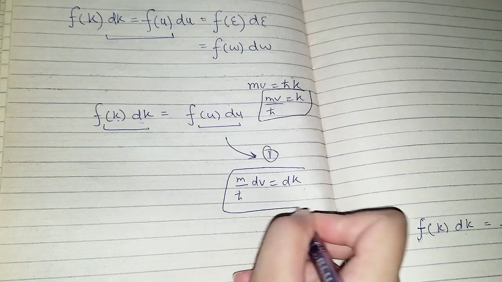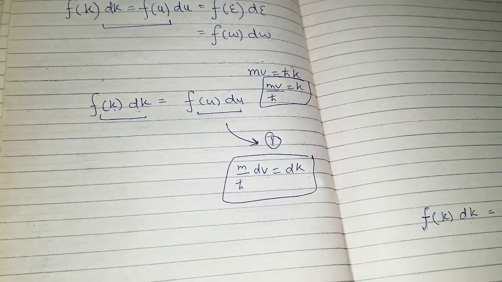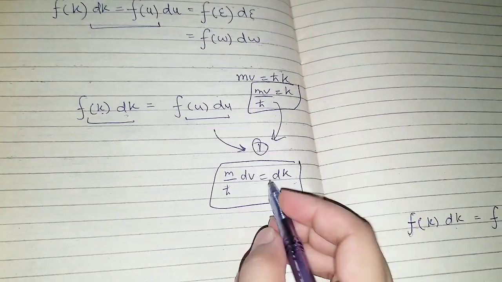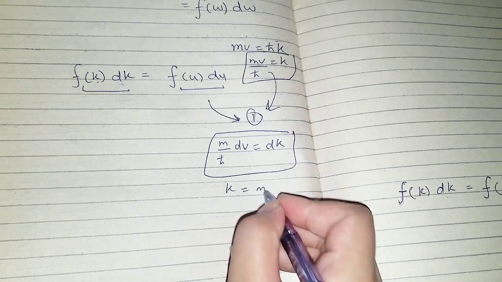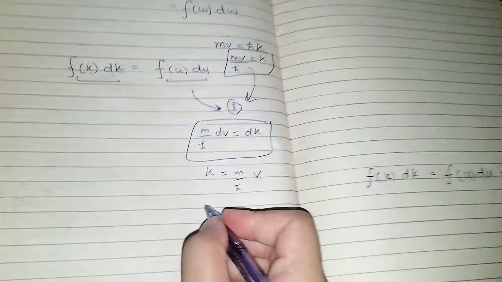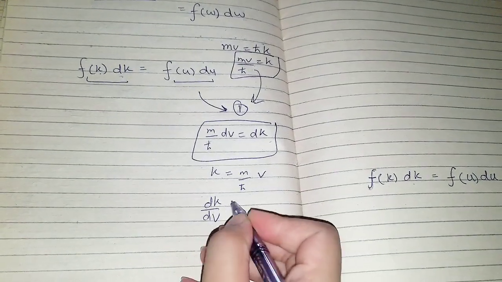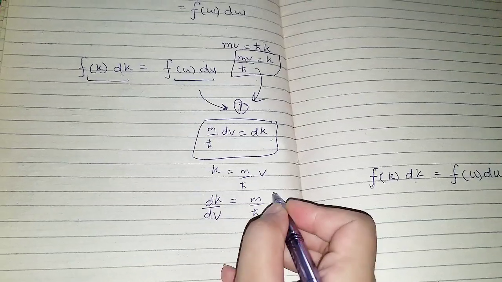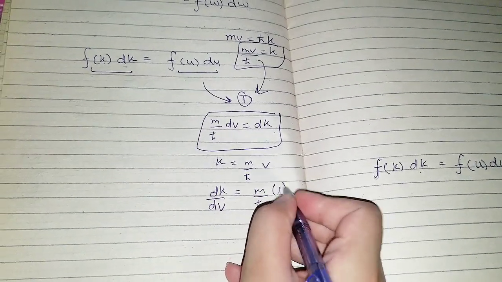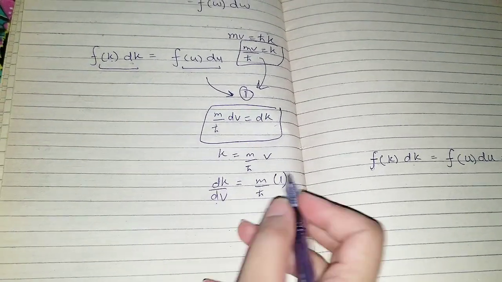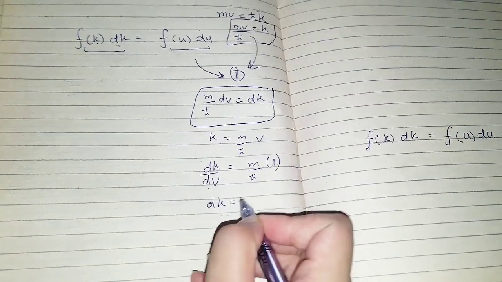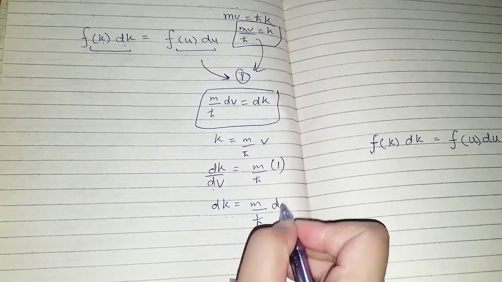I hope you know how to find differentials. You can also do it by taking k equal to m by h cut, which is a constant, times v, and differentiating with respect to v. So we'll get m by h cut dv by dv is 1, so that is why we will write it like that. This dv goes to the other side of the equation, because what we want is the value of dk.